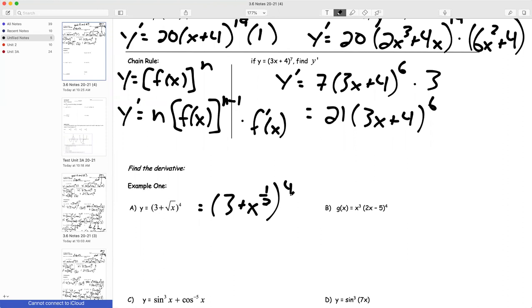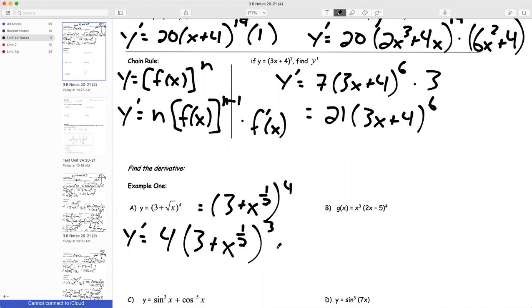So now I'm going to use my good friend number 3, the chain rule. The 4 comes out front. The 3 plus x to the 1/2 comes down. I subtract 1 from the exponent, which gives me 3. And then I multiply by the derivative of what's inside there.